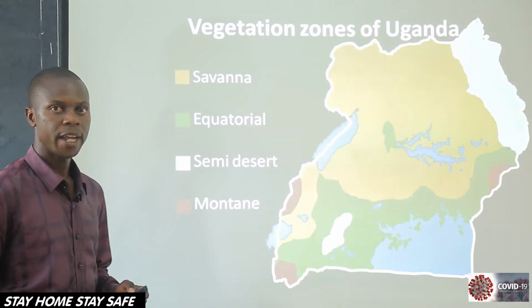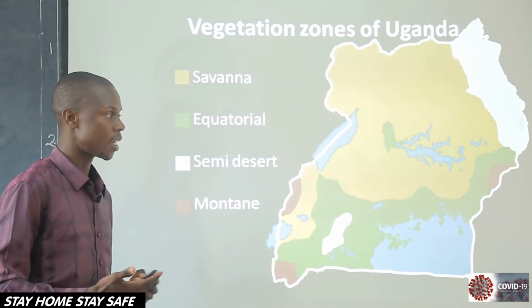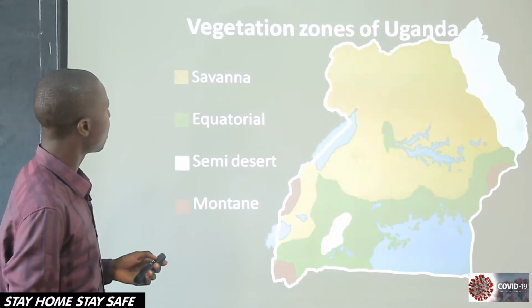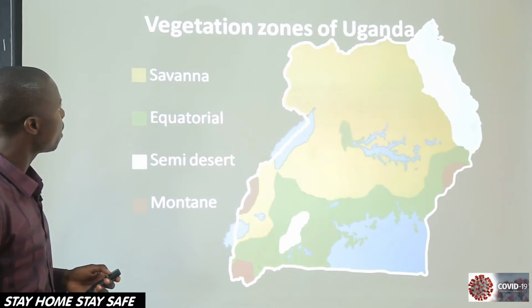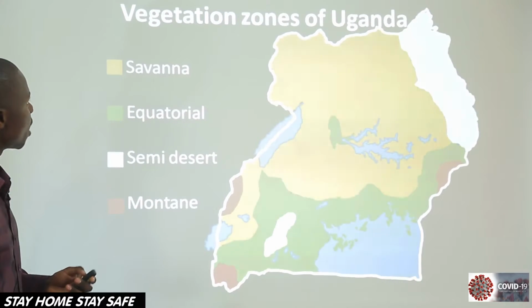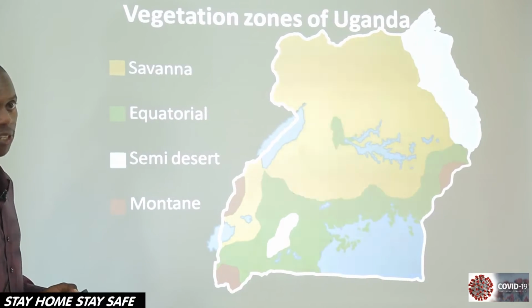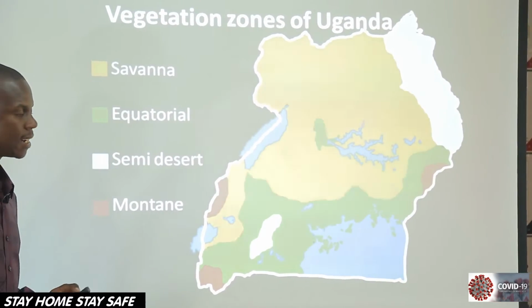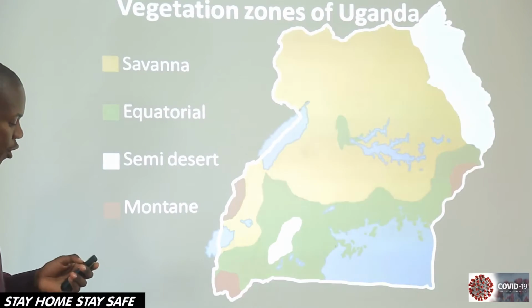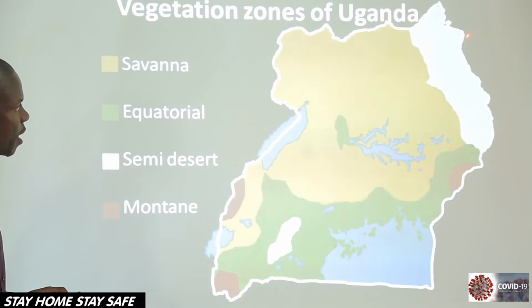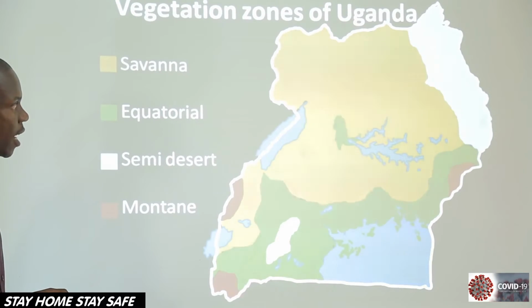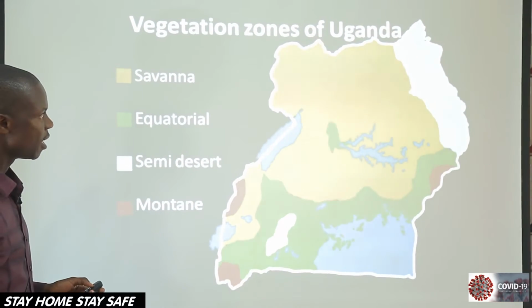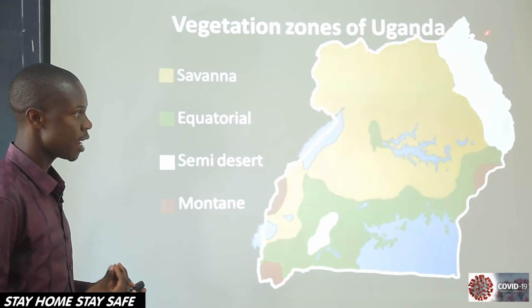Okay, let's quickly compare what you have come up with what I have here. So this is a map of Uganda trying to show the vegetation zones. Just like I said, when we were looking at the climate of Uganda, those specific regions that experience the specific types of climate experience a particular type of vegetation.